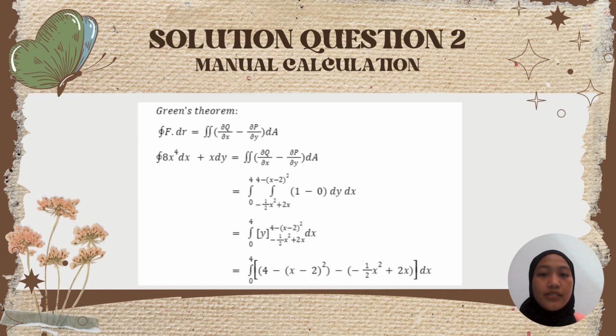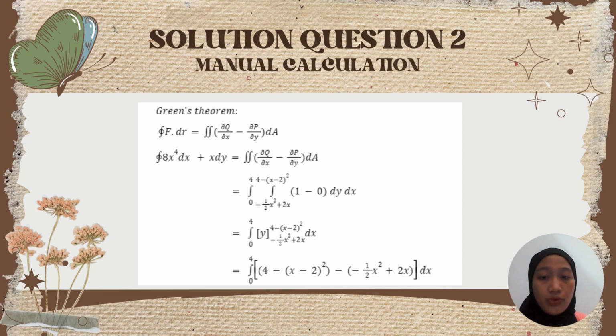Next, this is the formula for Green's theorem, which is the contour integral of F dr equal to the double integral of partial derivative Q over partial derivative x minus partial derivative P over partial derivative y dA. Then we take the equation from the question and make it equal to that double integral.